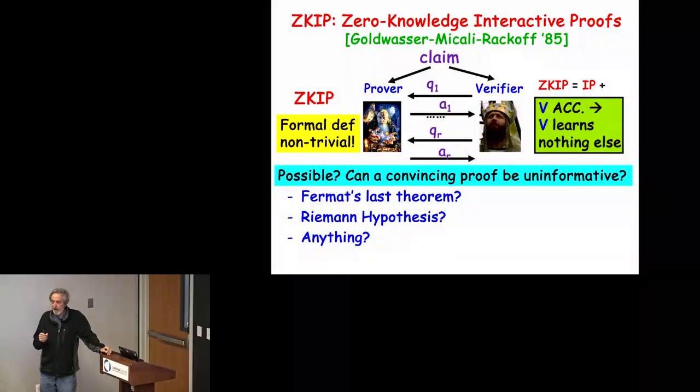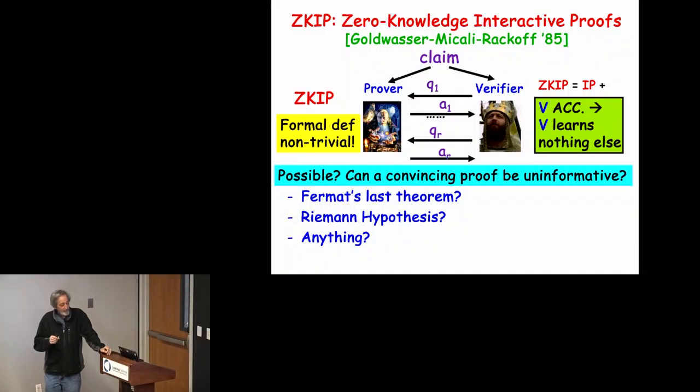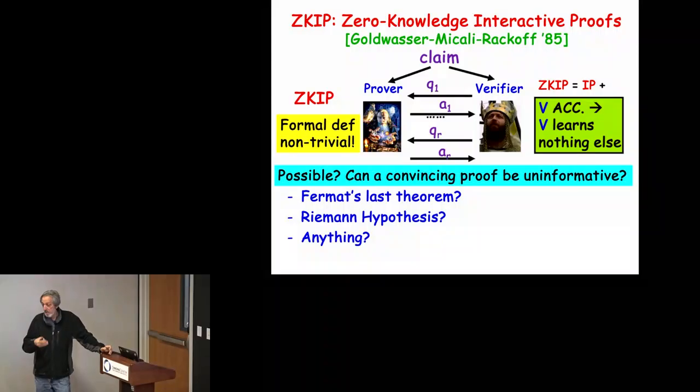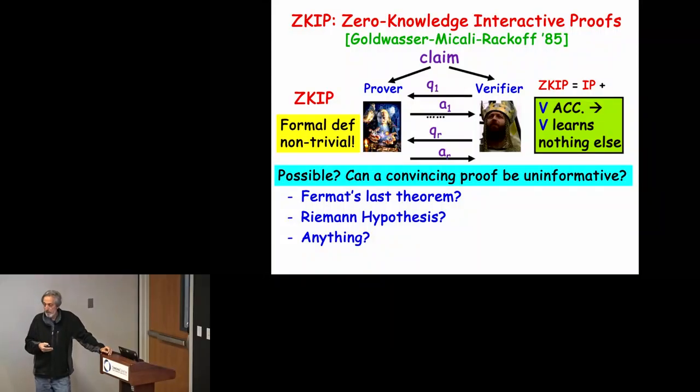So the way you formalize it is the following. You want that in every case the verifier accepts a conversation. The conversation is a random variable, right? Because it's randomized. So there is a distribution on convincing conversations for each particular true claim.